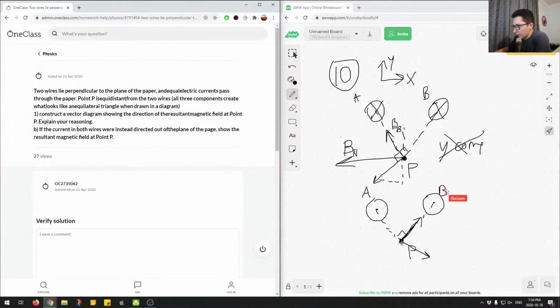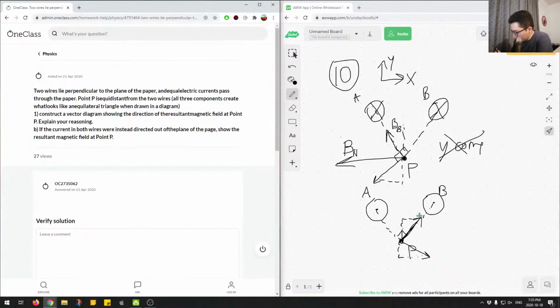A magnetic field is this one. B magnetic field is this one. We know the y component is in this direction, and then the x component, the y component, and x component. We can see that positive y is cancelled out by negative y, since we know equal electric currents means equal magnetic fields, and then we have a positive x and a positive x.